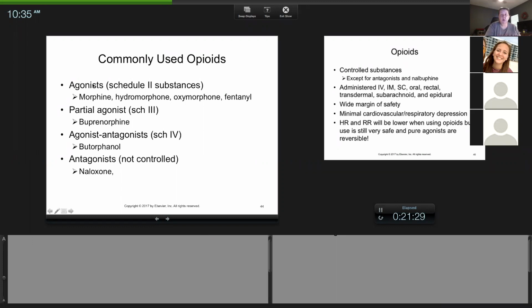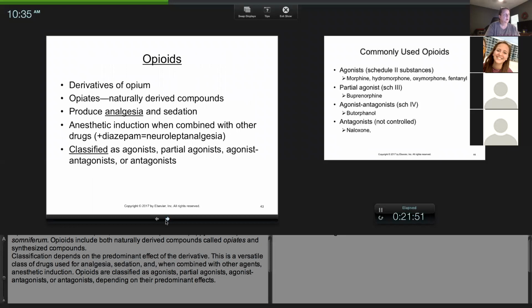If I ask you which one is an agonist, it's morphine, hydro, oxy, and fentanyl. The partial agonist is buprenorphine. The agonist-antagonist is butorphanol. And the only antagonist we use is naloxone. The whole reason we give these is for analgesia, and I have it underlined right here.